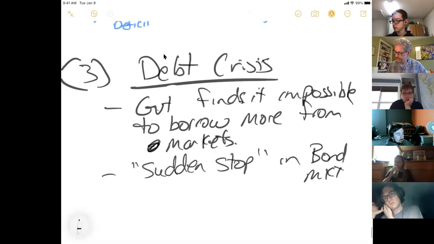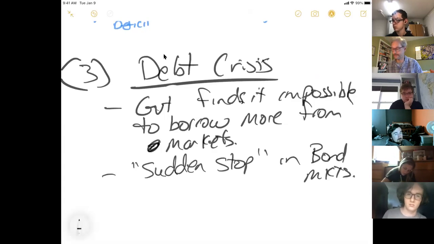In other words, they experience what's known as a sudden stop in bond markets, where the market freaks out and they don't lend anymore.